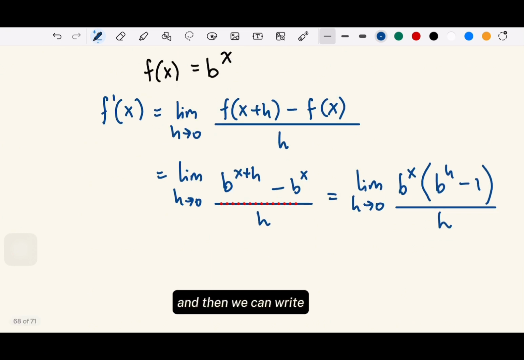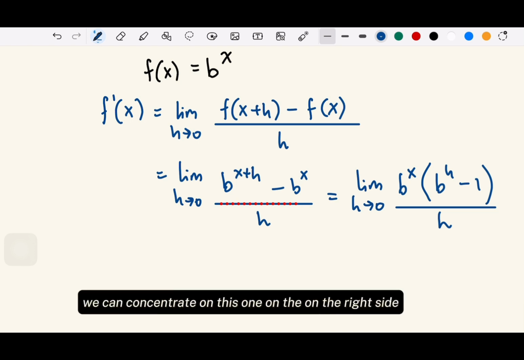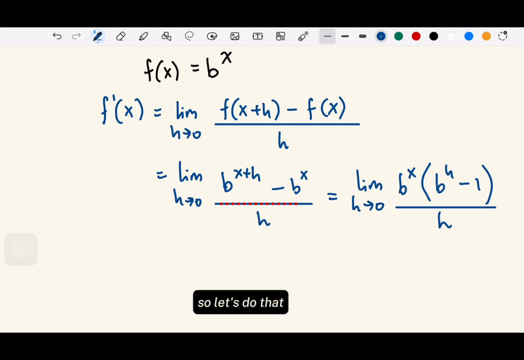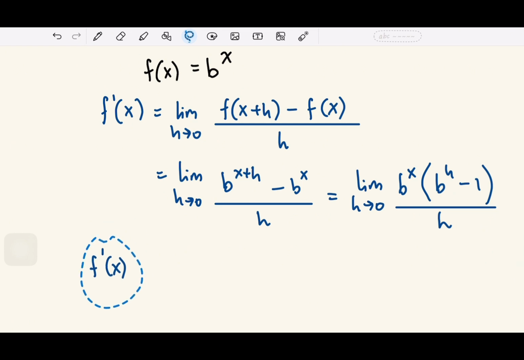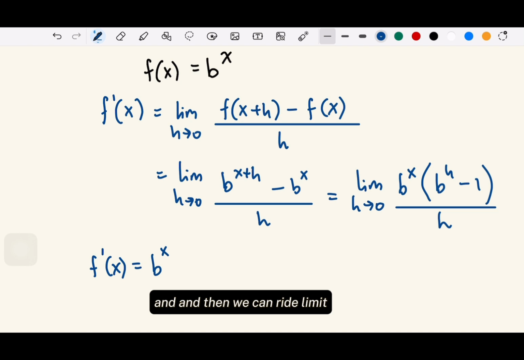Because we take the limit for h, and b is a constant, and x is not something we consider in the limit, we can take this outside, right? And we can concentrate on the right side. So let's take out the b. So let's write f prime x, and then we can write limit.